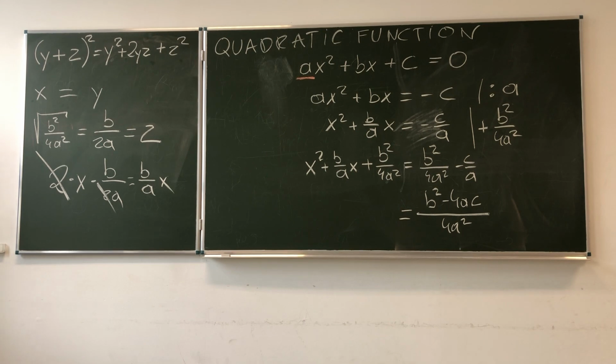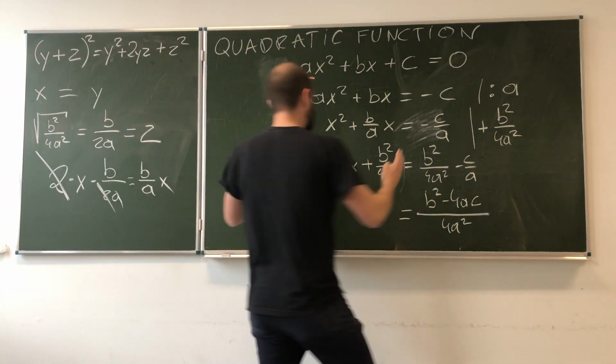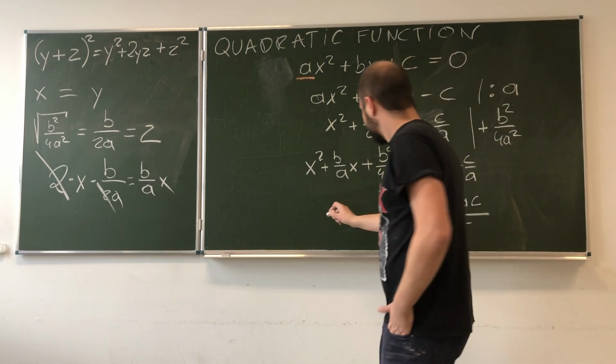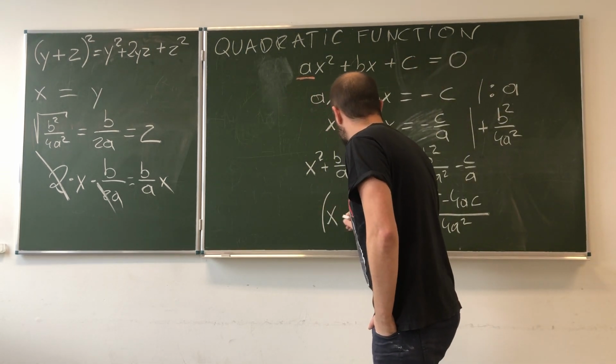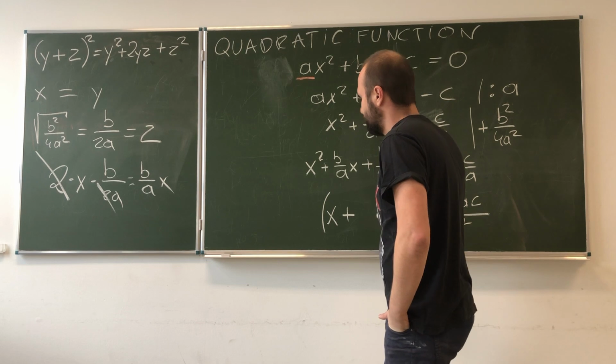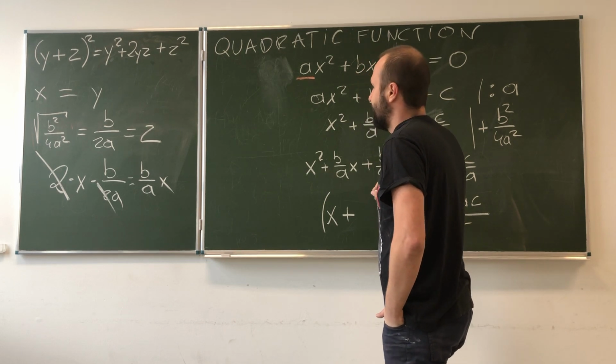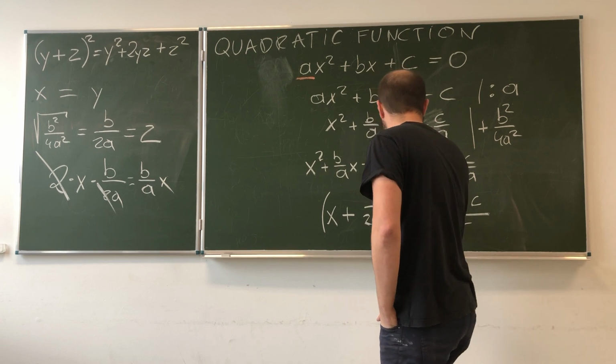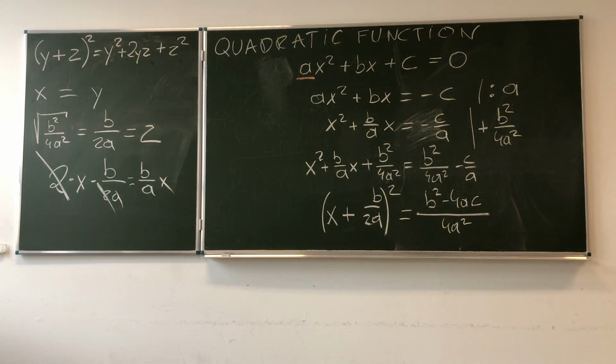So clearly, we can compact this expression to the form x plus b over 2a squared.